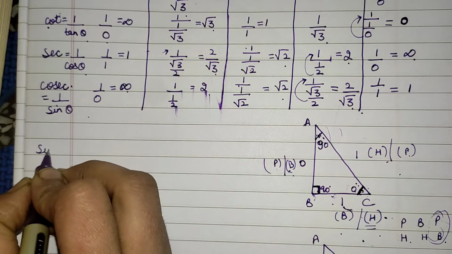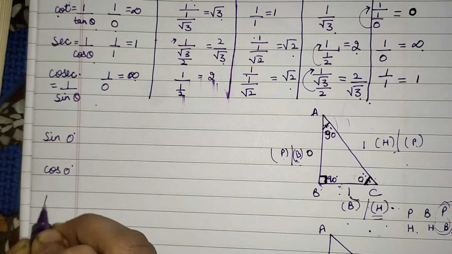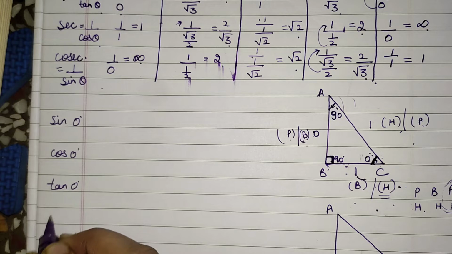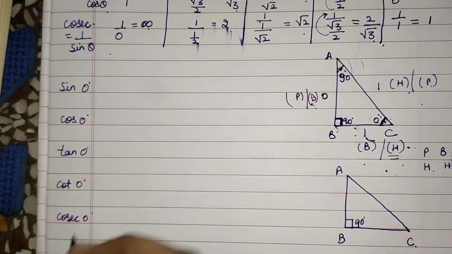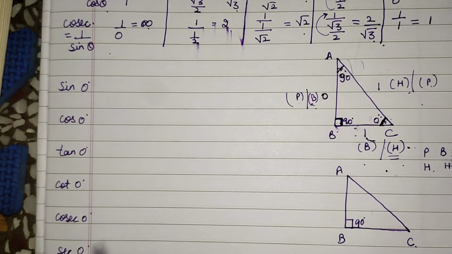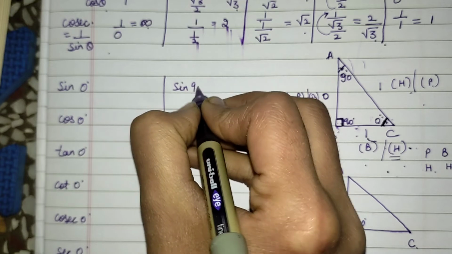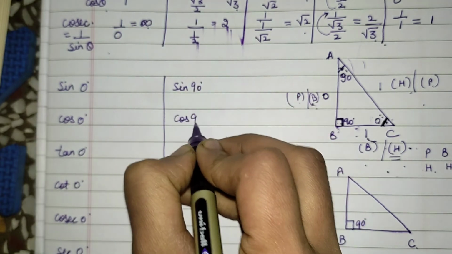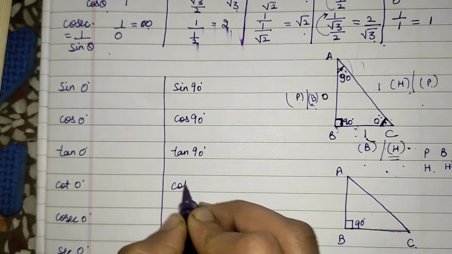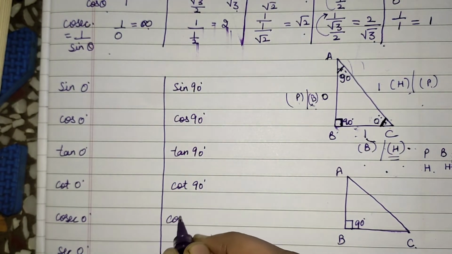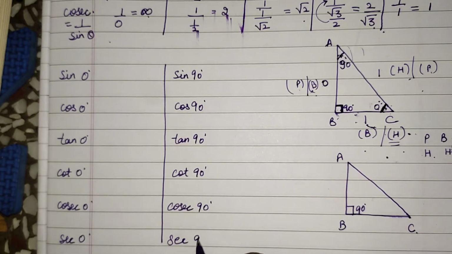So for all the angles I am going to find out sine 0, cos 0, tan 0, cot 0, cosec 0 and secant 0, as well as the values of sine 90, cos 90, tan 90, cot 90, cosec 90 and secant 90.